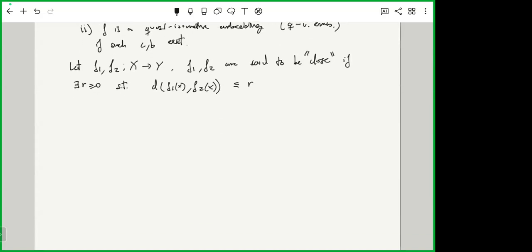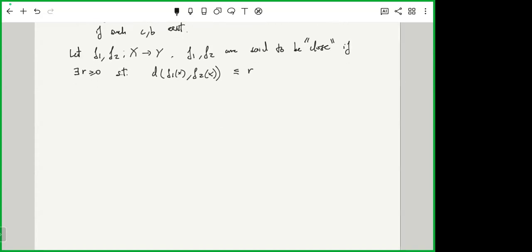And now we repeat some ideas from homotopy. So we want to define again what is an equivalence.